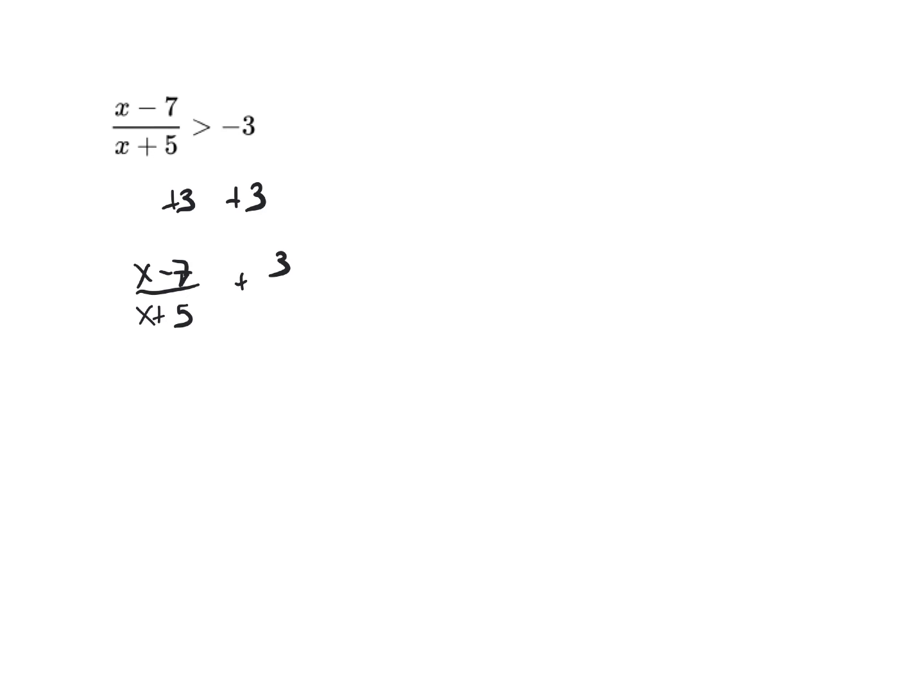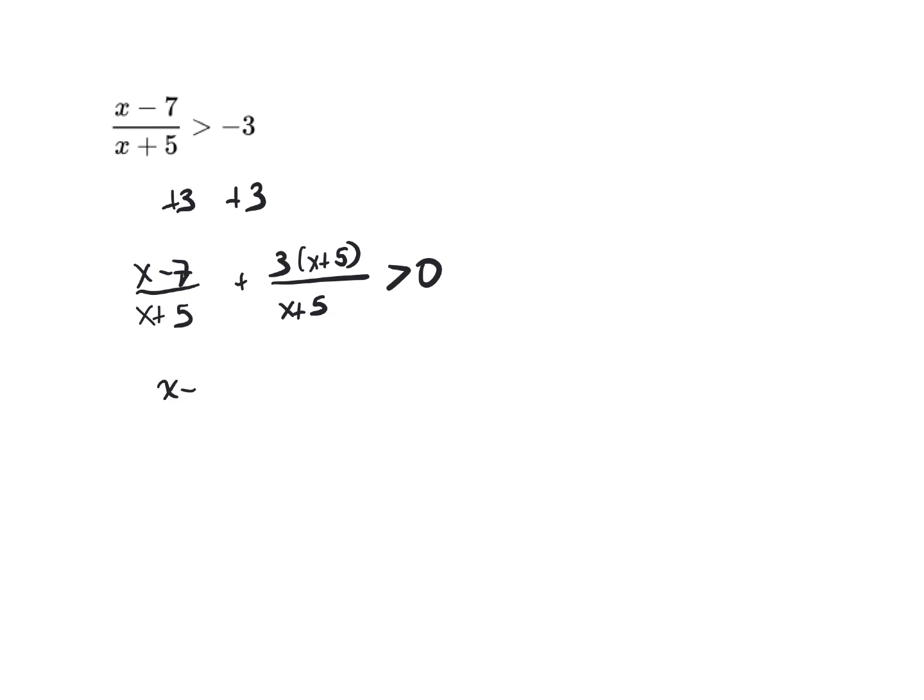So what I'm going to do to add fractions, we have to have common denominators and such. So the common denominator here would be x plus 5. So I will multiply top and bottom by x plus 5. And that will all be greater than 0. So now we have to just clean up the top.